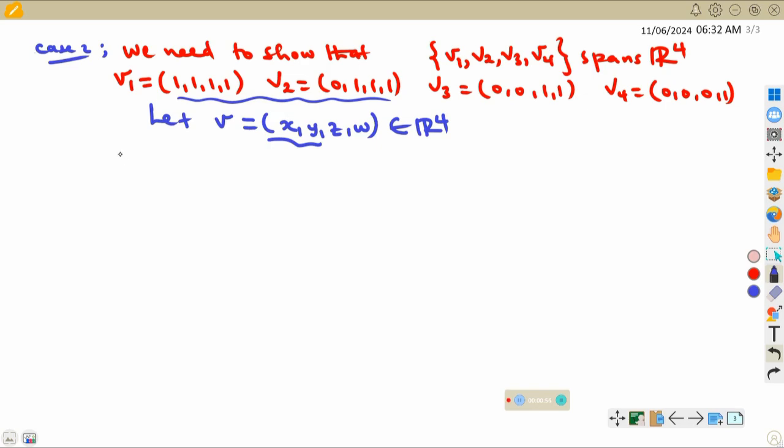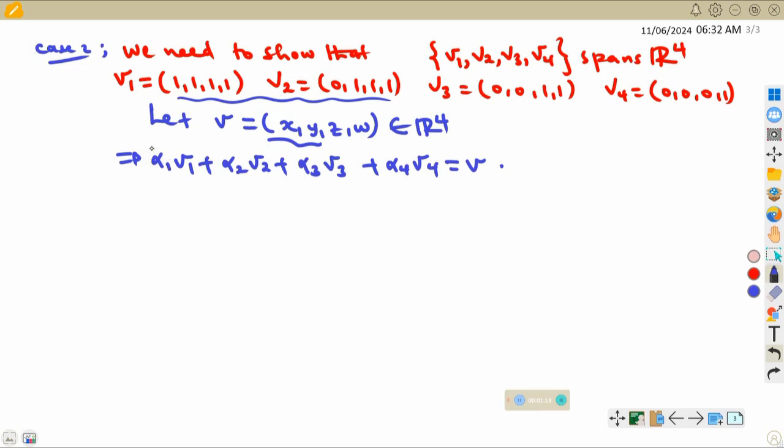So what we need is to show that alpha 1 v1 plus alpha 2 v2 plus alpha 3 v3 plus alpha 4 v4 is equal to v. So we are interested in getting the values of these scalars.